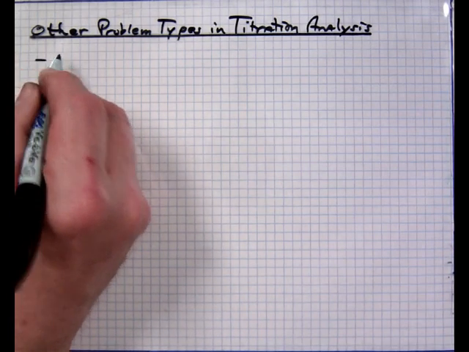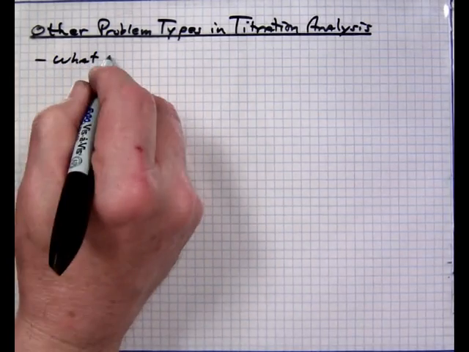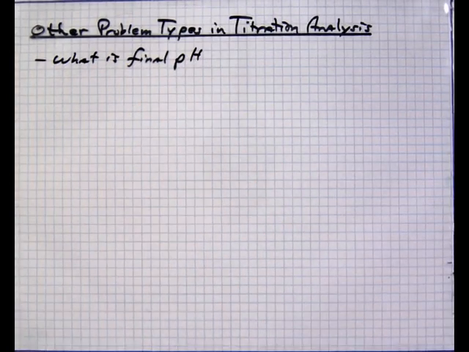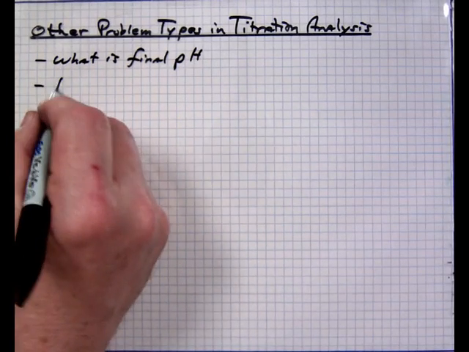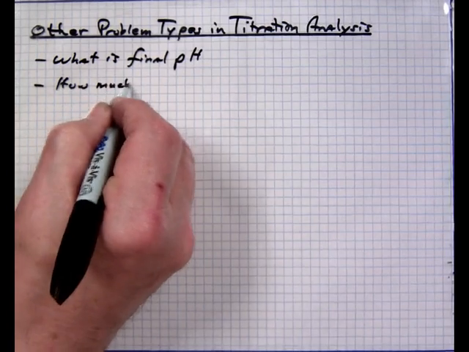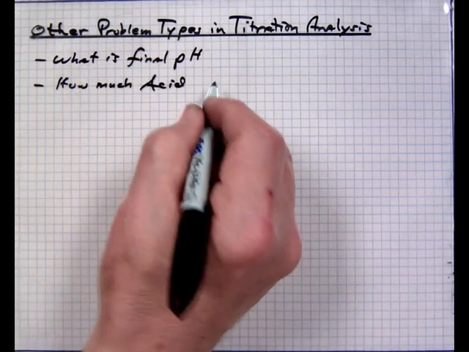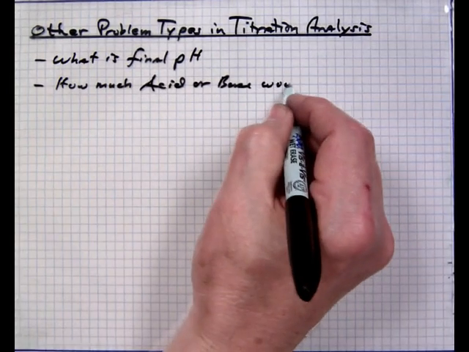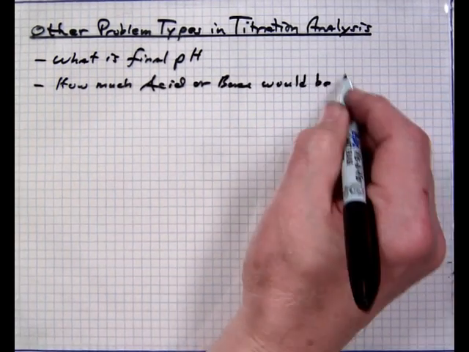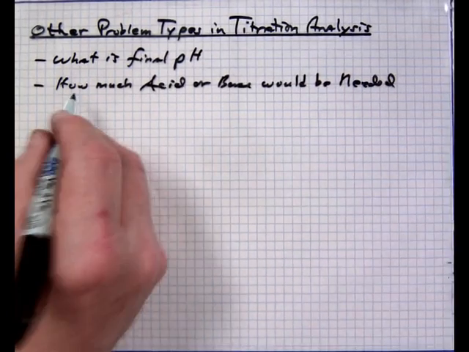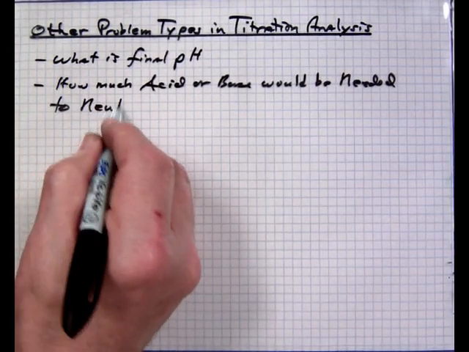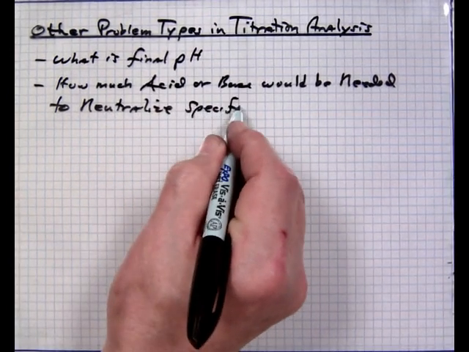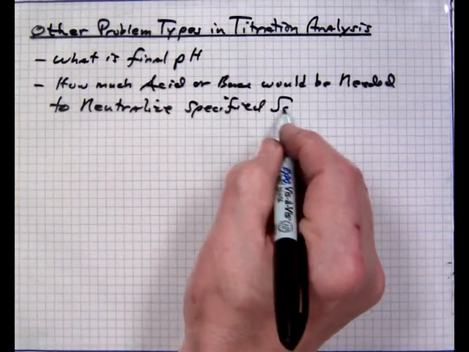You would have something like what is final pH, or something like how much acid or base, whatever the case may be, would be needed to neutralize specified solution.